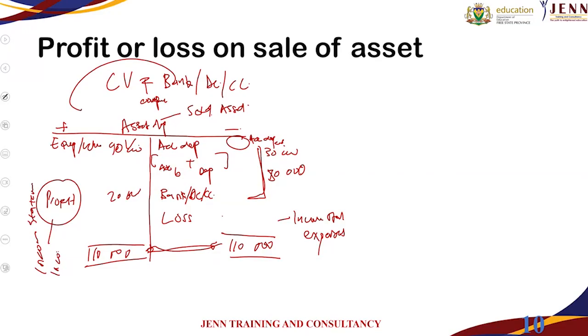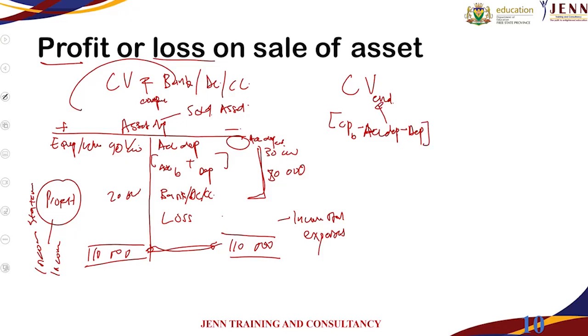As an income. Right. Now, that's what we said when we are looking for profit or loss on sale of an asset. Or we can compare the carrying value. We compare the carrying value at the end. How are we going to get the carrying value at the end? Remember, I've already done it. We said cost price at the beginning minus accumulated depreciation minus depreciation for the current year. Then this one gives us what?